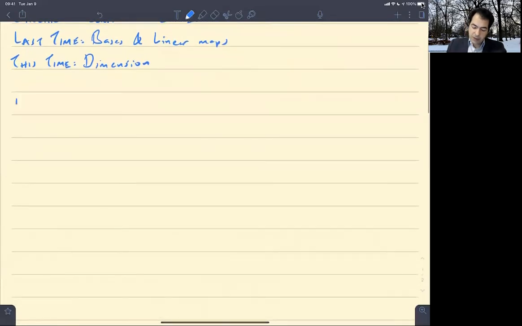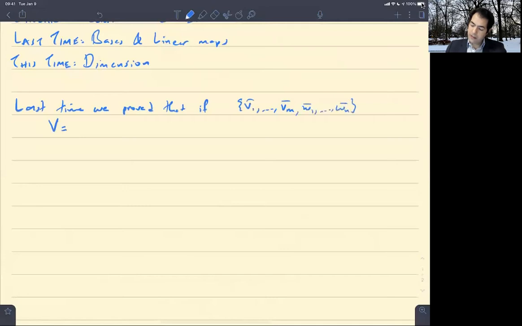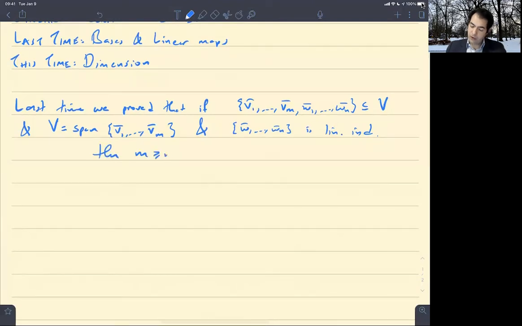I say that because last time we proved that if you have a set of vectors, say v1 through vm, w1 through wn, inside a vector space, and you know that V is the span of the v's, and you know that the set of w's is linearly independent, then m is greater than or equal to n.